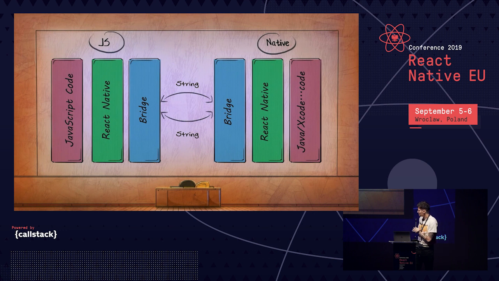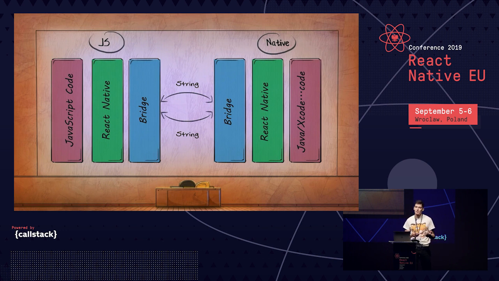It's a rough idea, but there are more details to this. But let's talk a little bit about this. We have 2 realms, right? We have the JavaScript realm and the native realm. And there is something called the bridge between them.